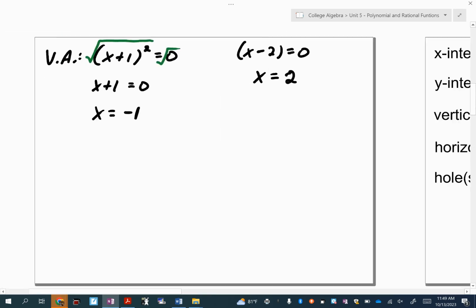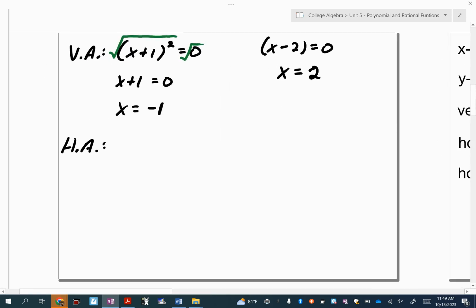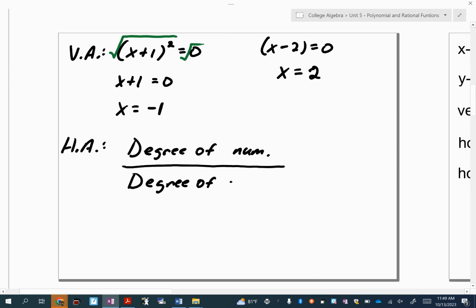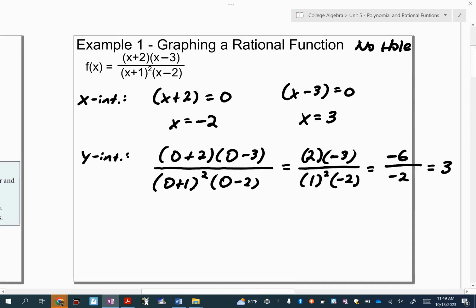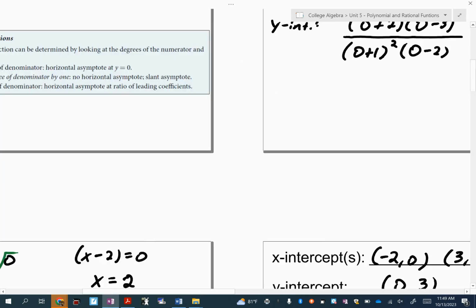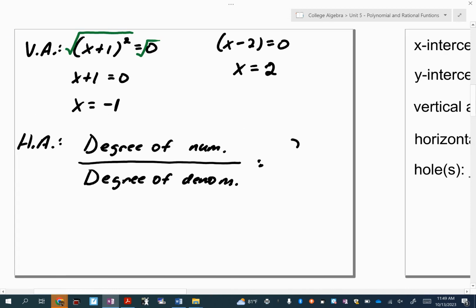All right, now for the last one, the horizontal asymptote. This is all about looking at your degrees: the degree of the numerator and then the degree of the denominator. If I look at my numerator, I have x times x, which would give me x squared. So my degree is 2.